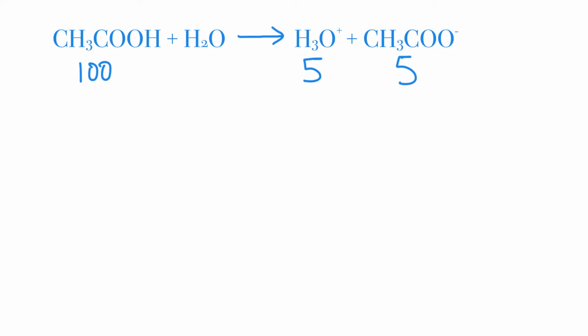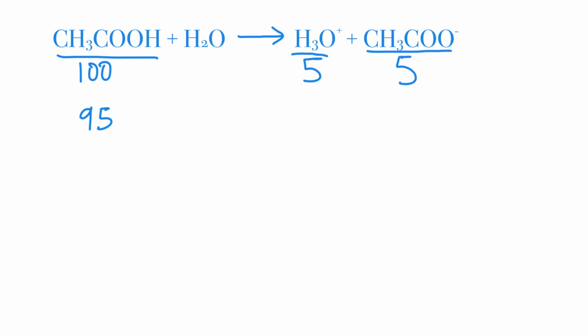Now, if 5 molecules dissociated, then I'm going to have 95 that are left over, right? Now, these 5 molecules that did dissociate, each molecule of CH3COOH is going to give me 1 molecule of H3O positive and 1 molecule of CH3COO negative.